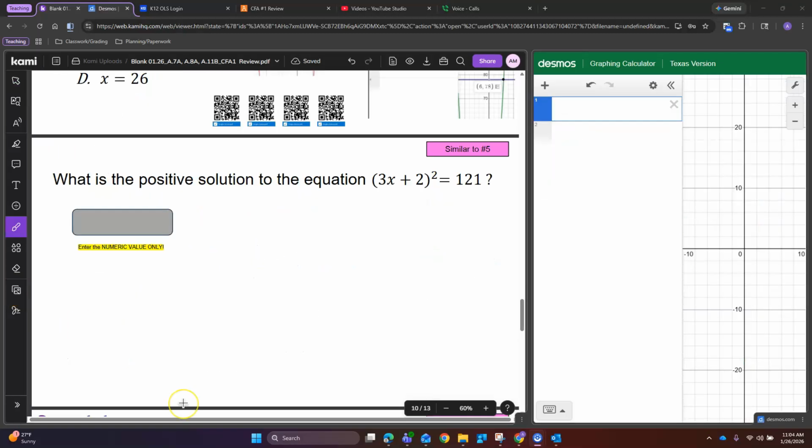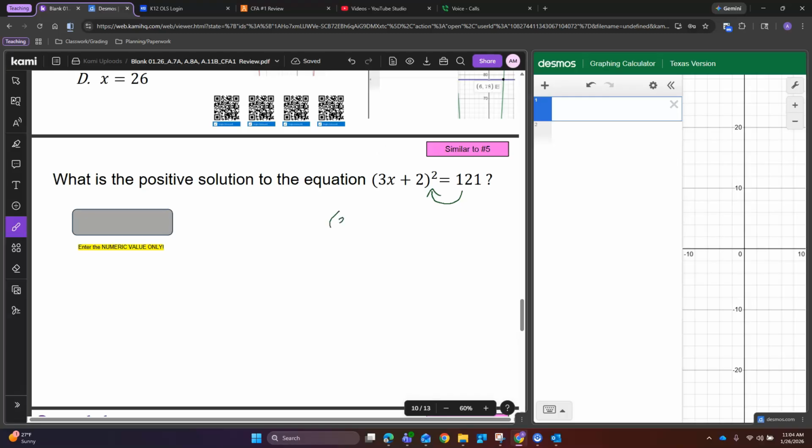What is the positive solution to the equation 3x plus 2 quantity squared equals 121? Again, there are several ways to complete this problem, and the simplest way is to graph it. So we're going to do that first. And to graph it, we first need to bring the 121 over, or we can do it like we did the previous problem, where we graph it twice.